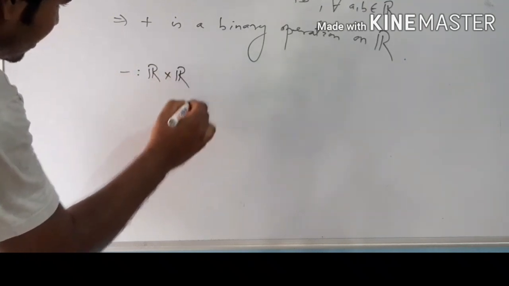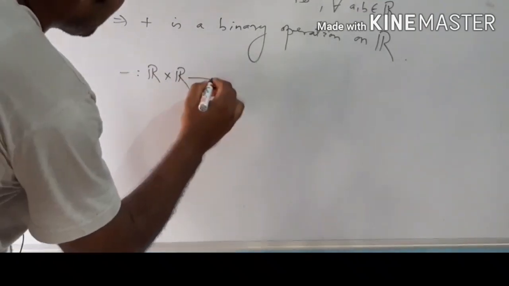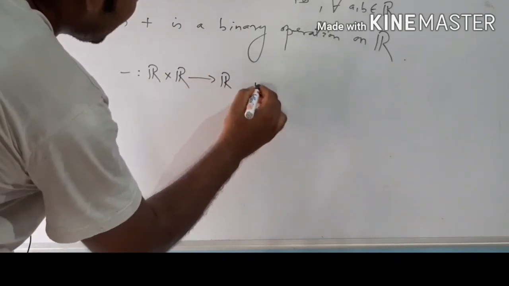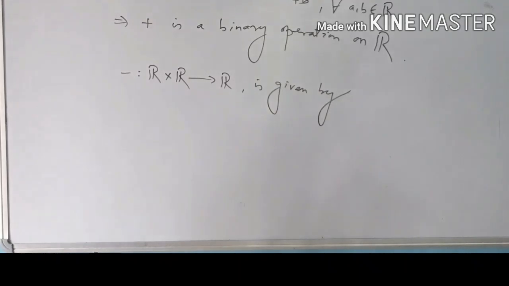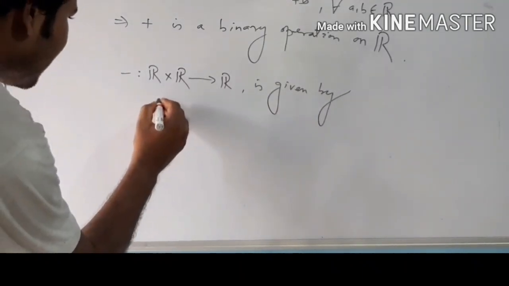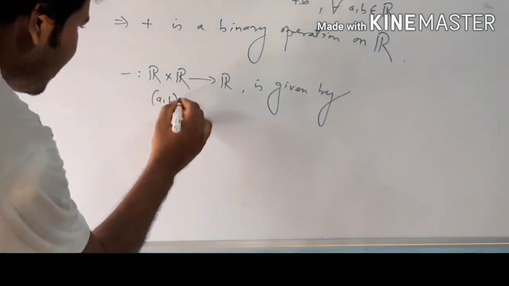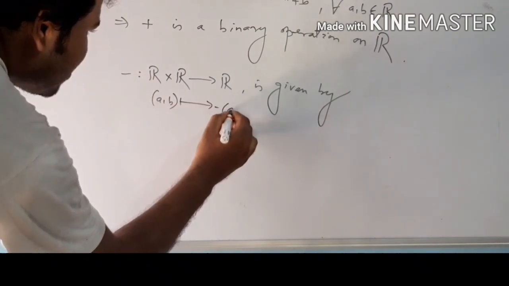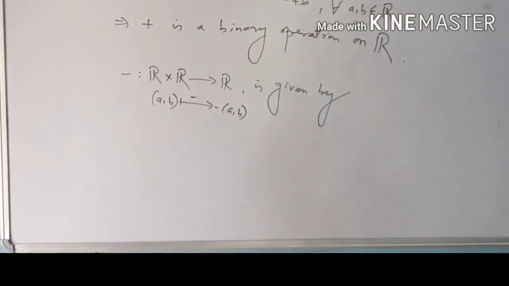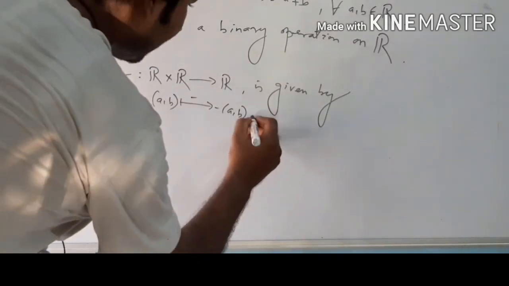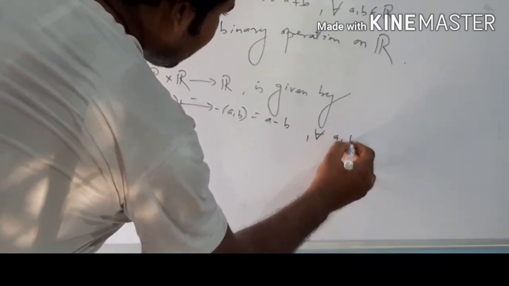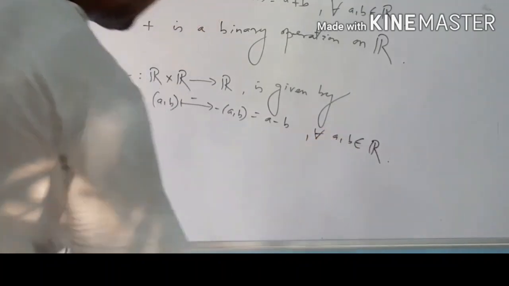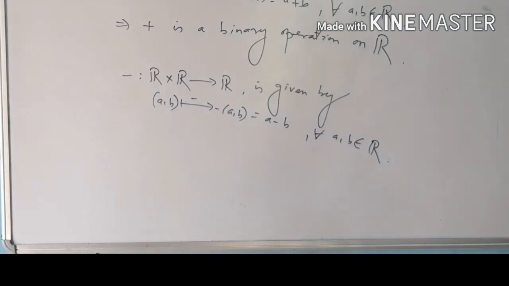Subtraction is going from R cross R to R and is given by (a, b) goes to minus of (a, b) under the subtraction, and this can be denoted by a minus b, and this is true for all a, b belongs to R.